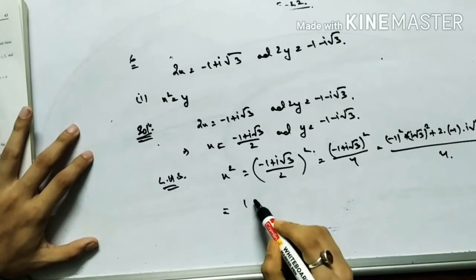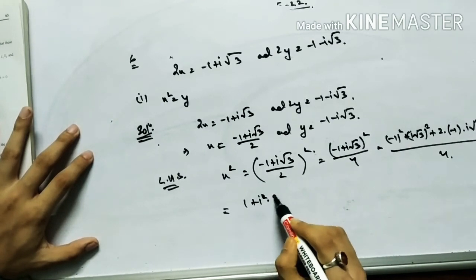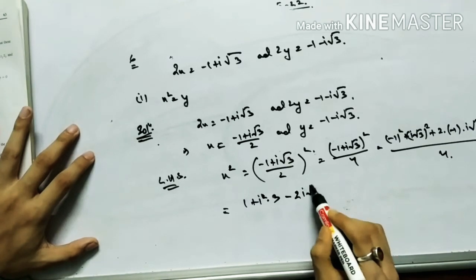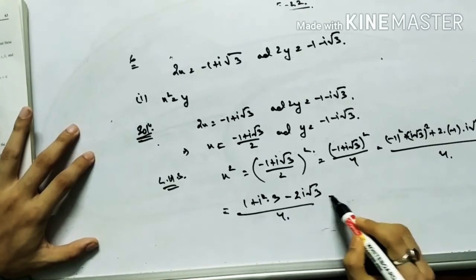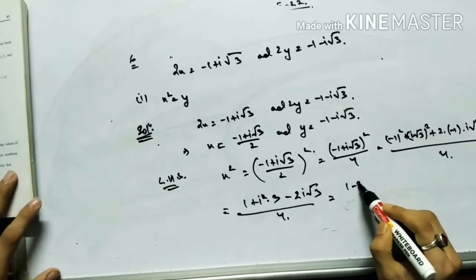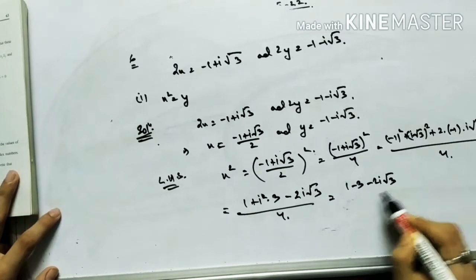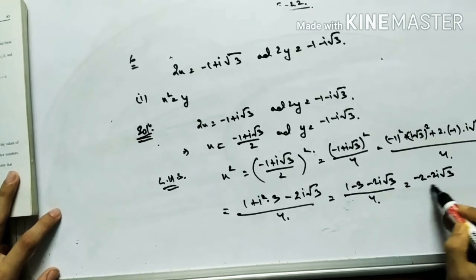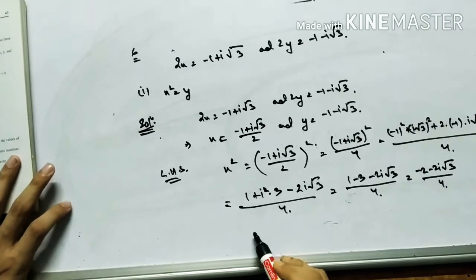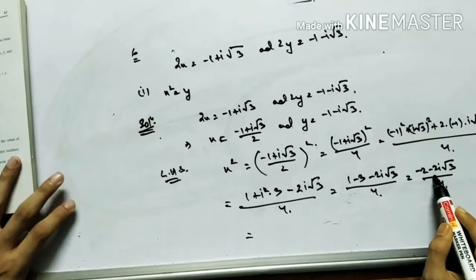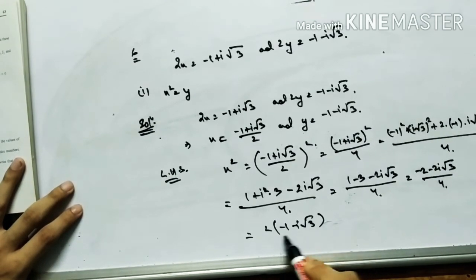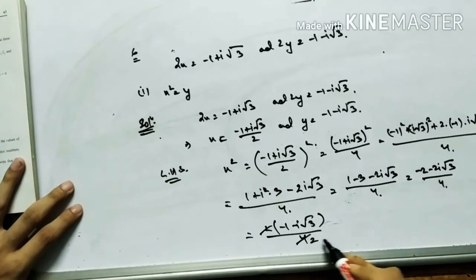Ultimately it is 1 plus i square into 3, and minus 2 i root 3, by 4. This is 1 minus 3 minus 2 i root 3 by 4. If I take 2 common, I get 2 into (minus 1 minus i root 3) by 4.